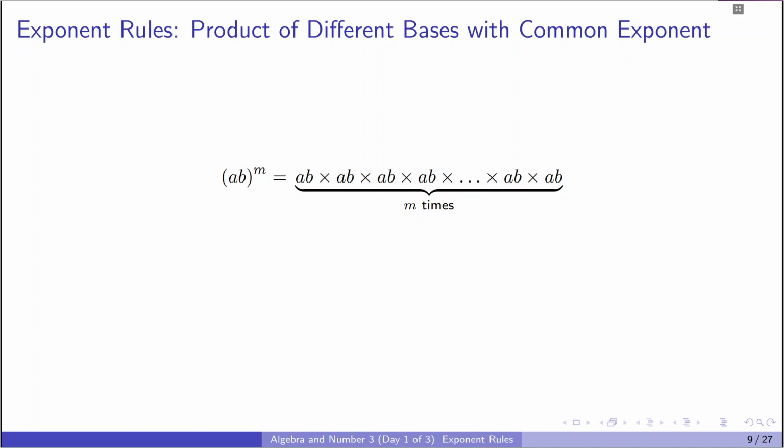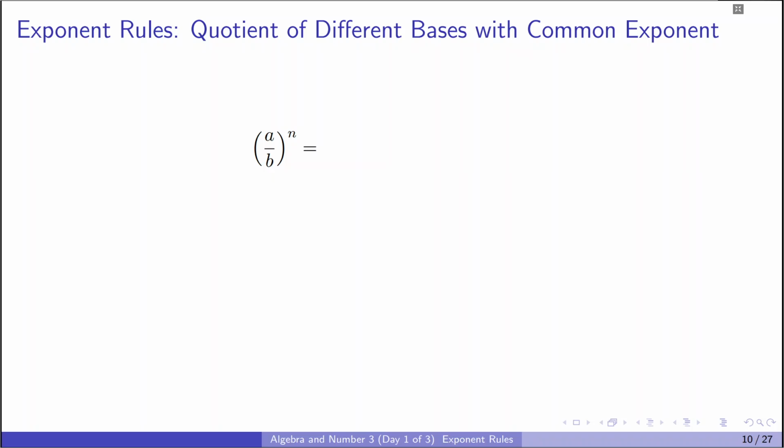We take that ab and copy it over and over and over. We can rearrange those. That's allowed. So if we move all the a's to the left and all the b's to the right, we've got m copies of each. So that's a exponent m times b exponent m. So if we have common exponents, we can bring them in and out of that expression.